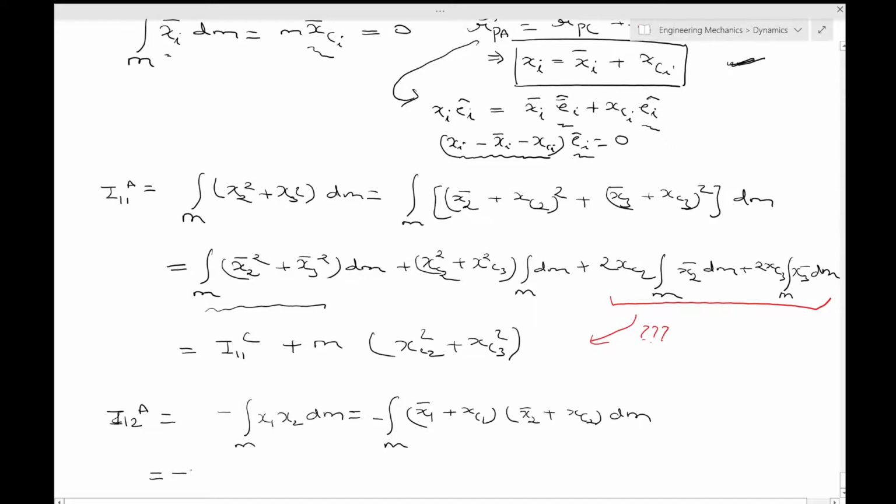This would be minus the integral of x1 bar x2 bar dm, minus xc1 xc2 dm, minus those two other terms that would come in, minus xc1 x2 bar dm, minus xc2 x1 bar dm.